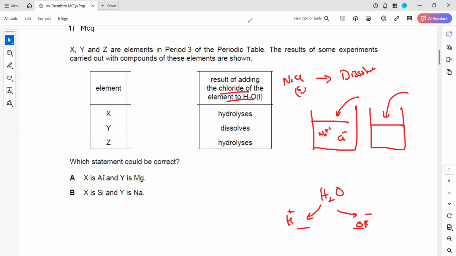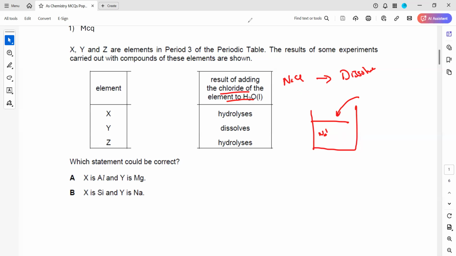You have to learn which chlorides of period 3 undergo hydrolysis and which will only dissolve. When sodium chloride is added, it will only dissolve. When magnesium chloride is added, it will also dissolve. Aluminium chloride, AlCl3 or Al2Cl6, will do hydrolysis.